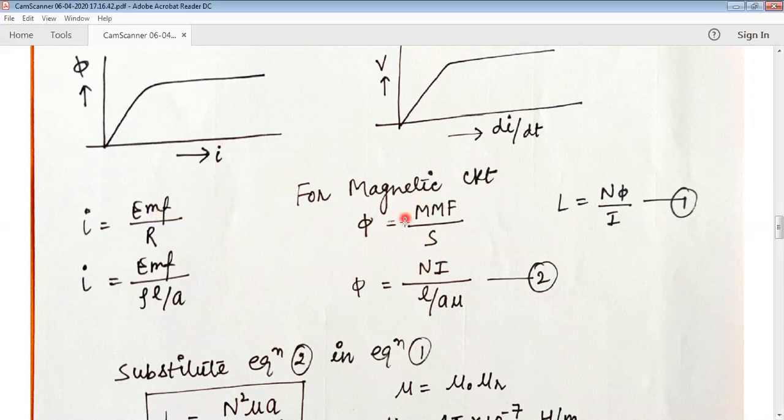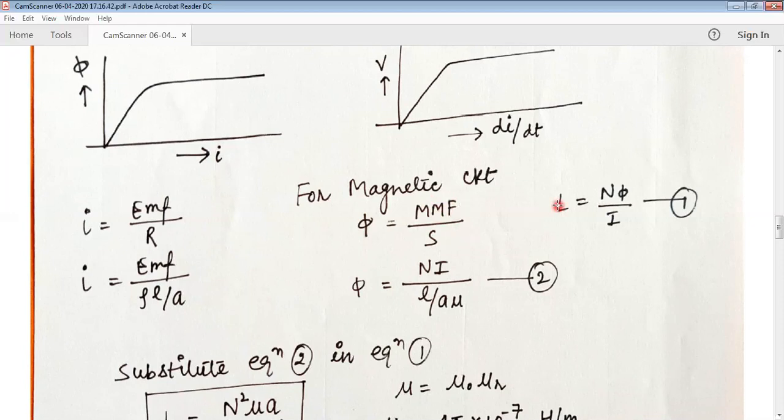In an electric circuit there is resistance, and in a magnetic circuit this is reluctance. Similarly, if you write I equals V by R or EMF by R, then for a magnetic circuit you can write flux equals MMF by S. S is your reluctance, clear?